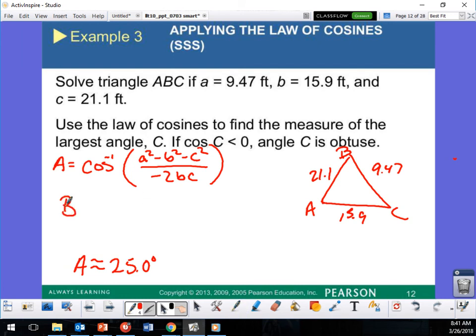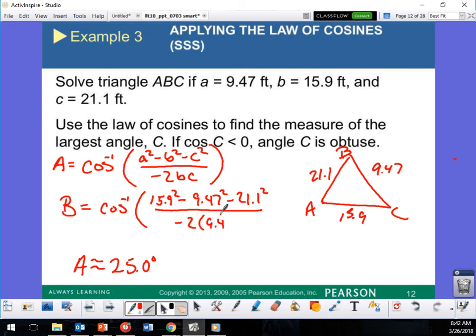So big B is going to be cosine inverse of 15.9 squared minus 9.47 squared minus 21.1 squared, all over negative 2 times 9.47 times 21.1.